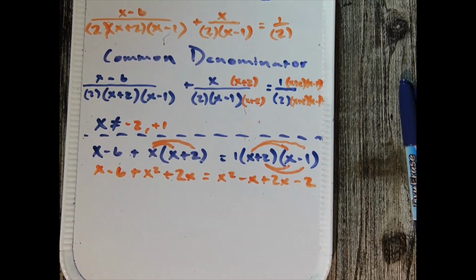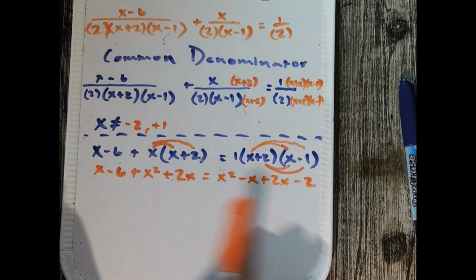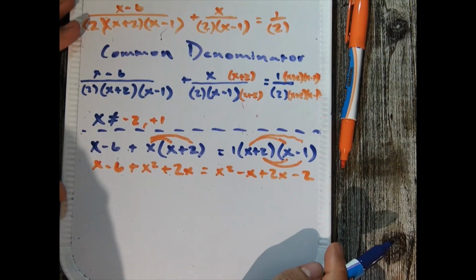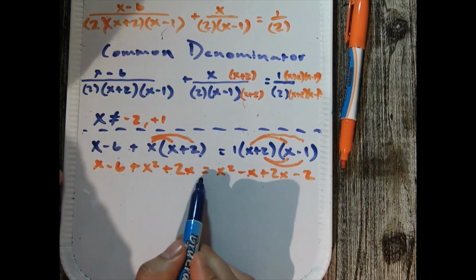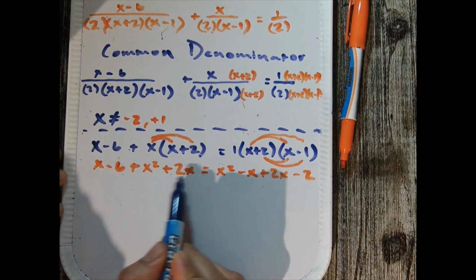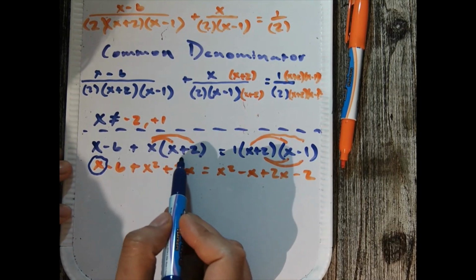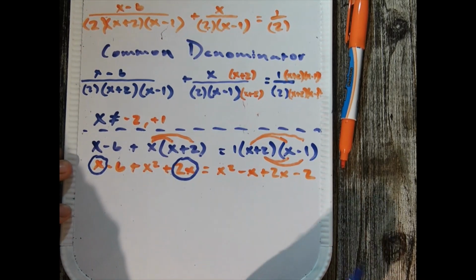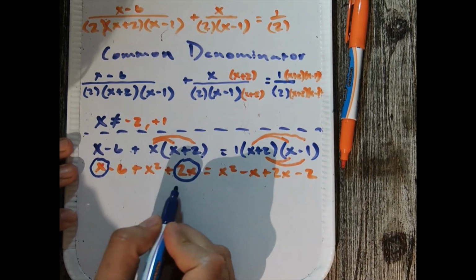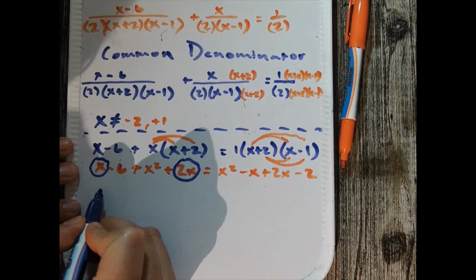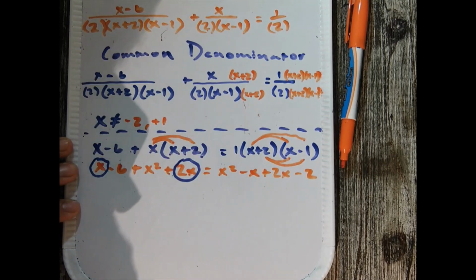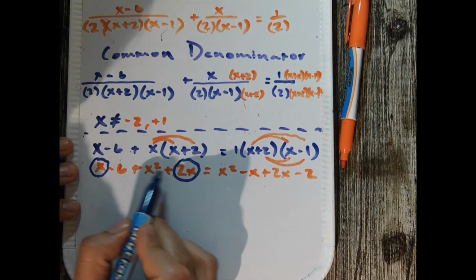The next step I'm going to do is on each side individually, I'm going to combine like terms. So on the left side of the equal sign, the only thing I can combine is the x and the 2x. So what I have is 3x, and before I do that, I'm going to write it in order from the highest power to the lowest.